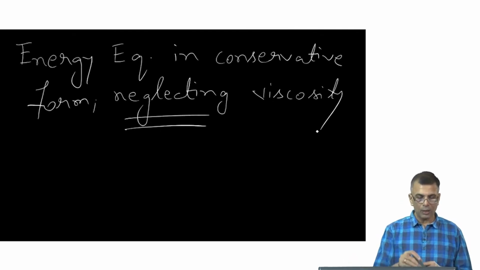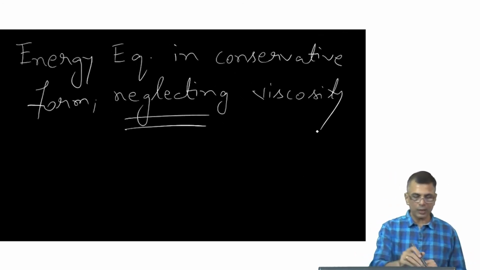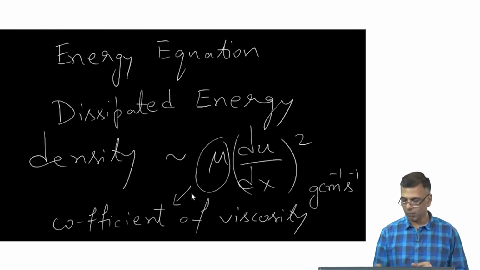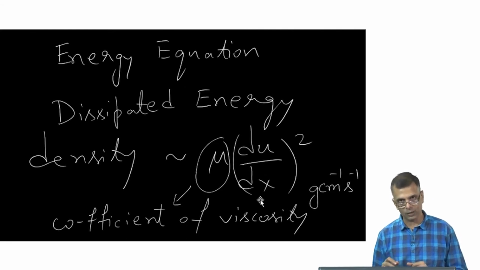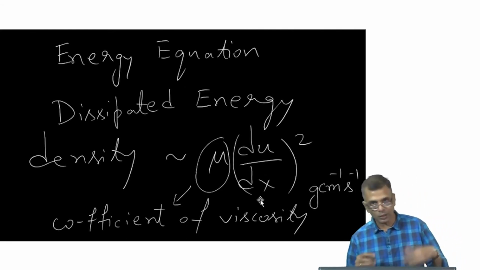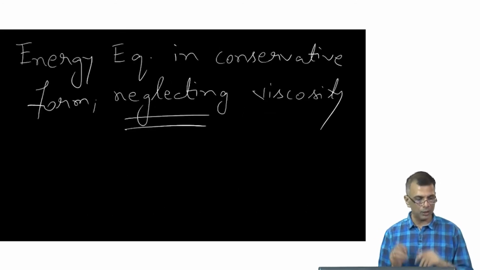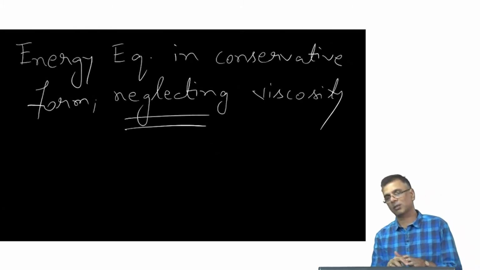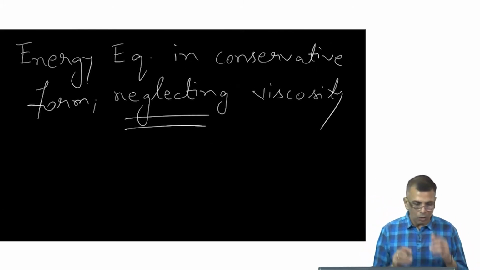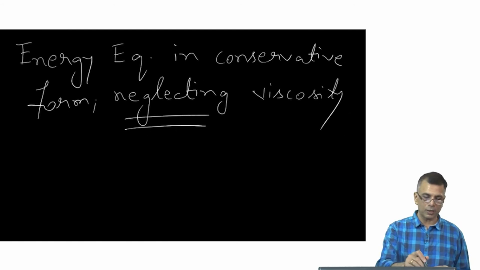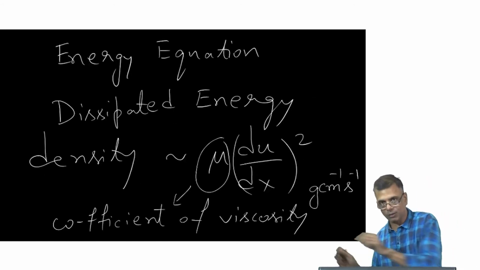For the time being, at least for writing it down like this, I don't want to be bothered about viscosity, about viscous dissipation. This is what we focused on the last time, but for now, in order to write down the energy equation in a neat form, I would much rather neglect viscosity, knowing fully well that if I wanted to add viscosity, I would simply write this down on the right hand side.